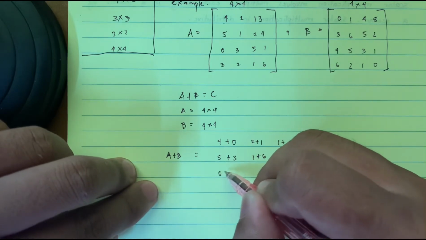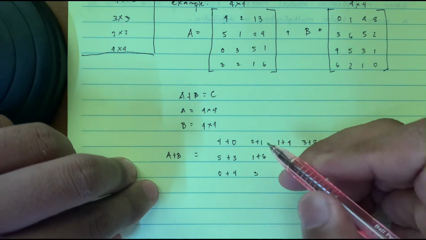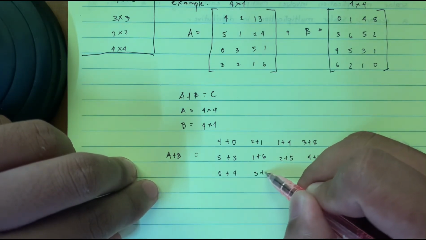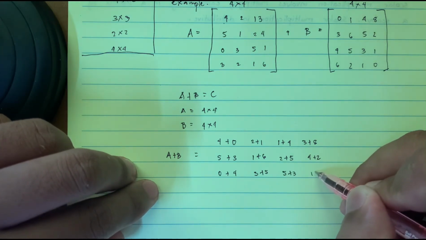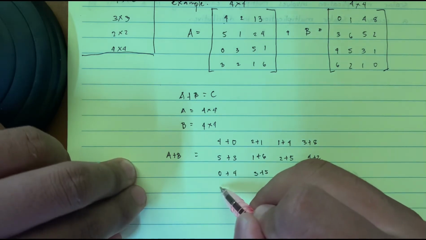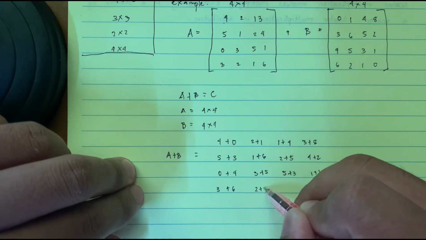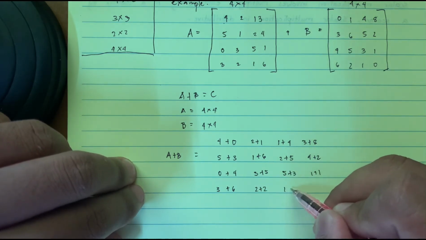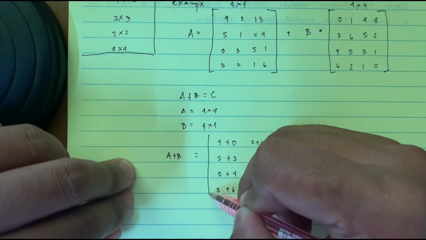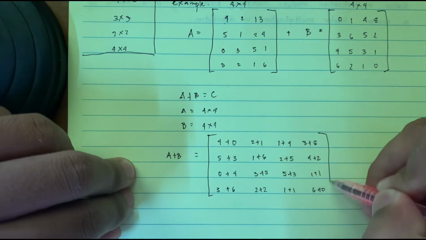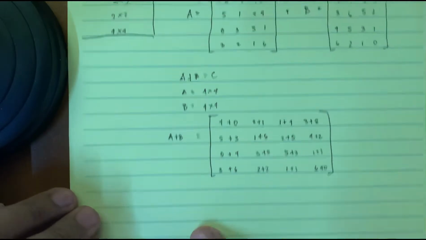Dire-diretso lang. 0 plus 4, 3 plus 5, 5 plus 3, 1 plus 1, 3 plus 6, 2 plus 2, 1 plus 1, 6 plus 0. Simply add lang nito.